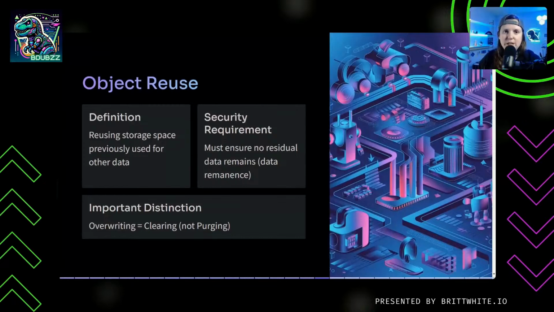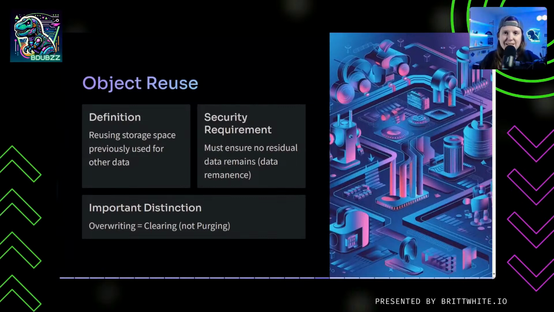Think of it like reusing a piece of paper. You want to make sure the previous writing is completely gone before using it again. For this reuse to be secure, we need to make sure there's absolutely no trace of the old data left behind when we assign the space to someone or something new. We do this through overwriting.